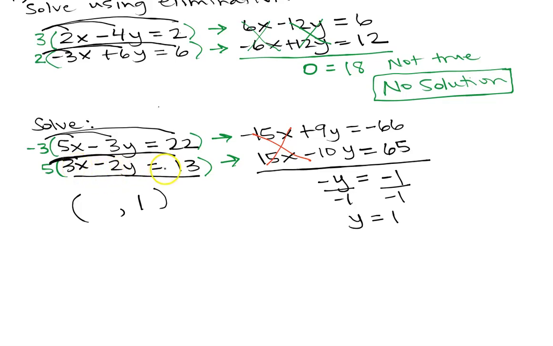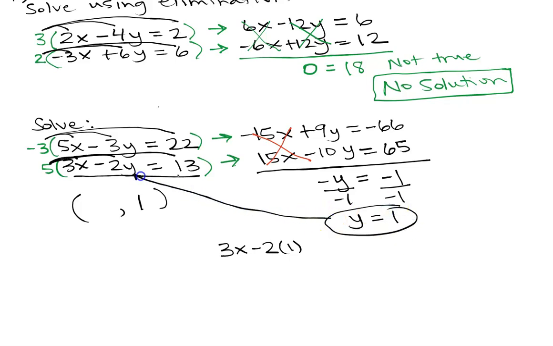And those just have smaller numbers, so I probably would choose this one, but either one would work. So if I do that, 3x minus 2 times 1, because that's what we said y is. So I'm putting 1 in place of my y there, and then equals 13. So 3x minus 2 equals 13.